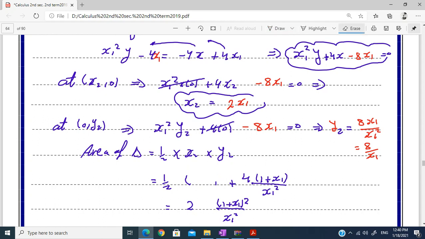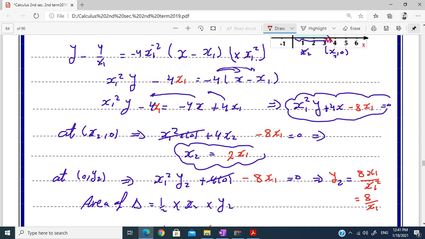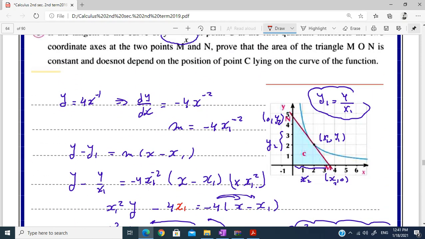And the area will change to half times 2x1 times 8 over x1. So x1 will cancel x1 and 2 will cancel with 2, so it will be 8 unit square. So the area of the triangle does not depend on x1 or x2 or the point C.